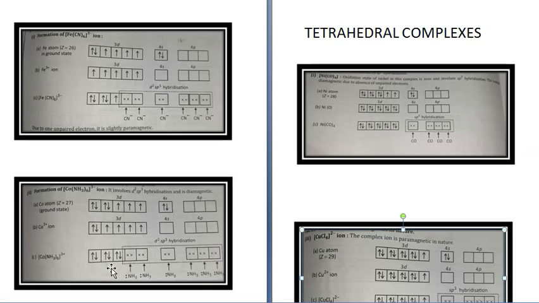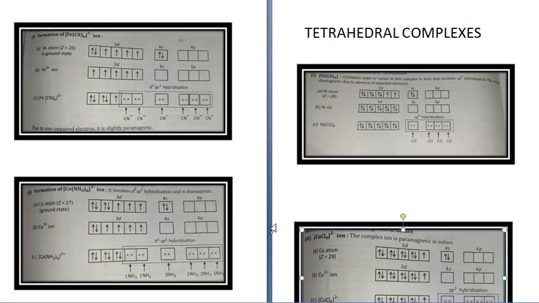Now what will happen in [CoF₆]³⁻, the hybridization that takes place is sp³d². These will remain as such. They will not pair up like they did over here. You have 4s which is free, 4p is also free, and 4d is also vacant.